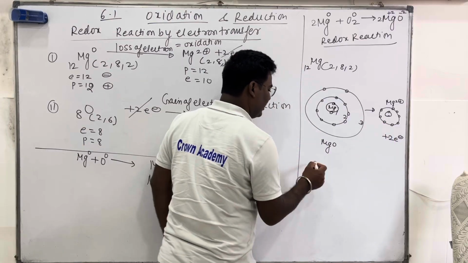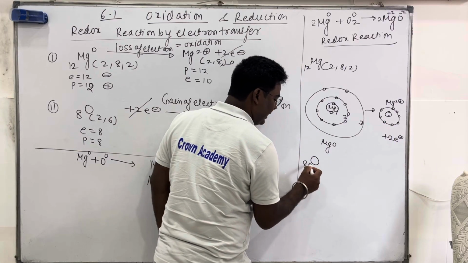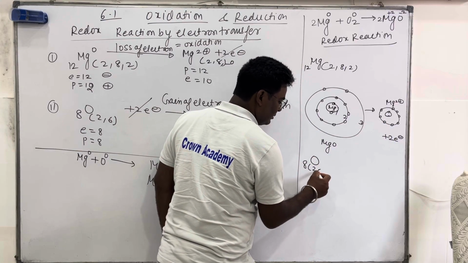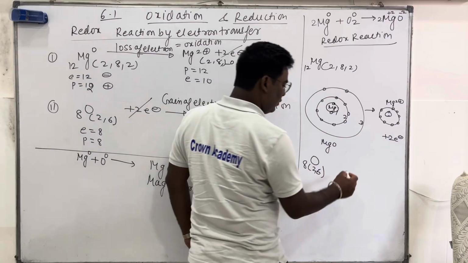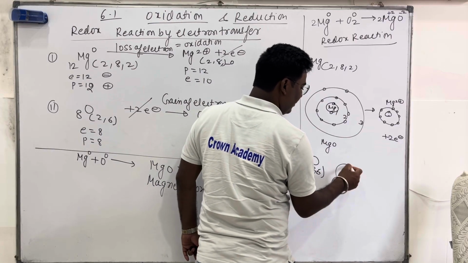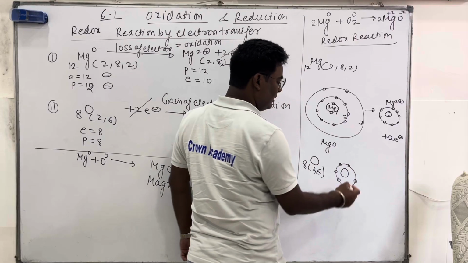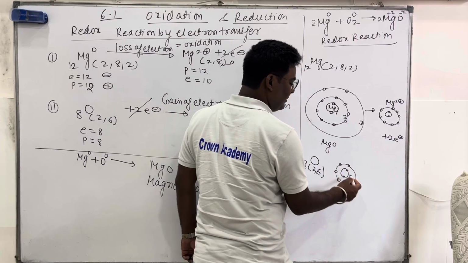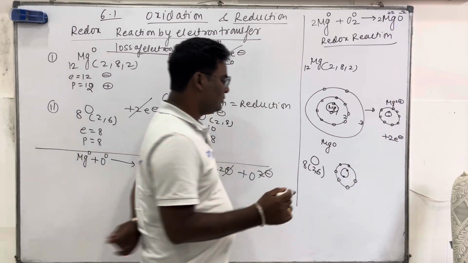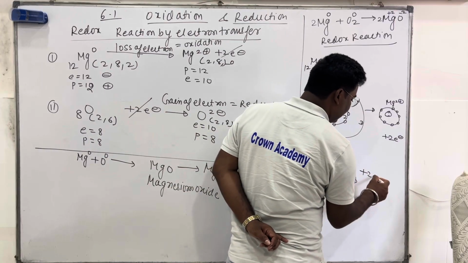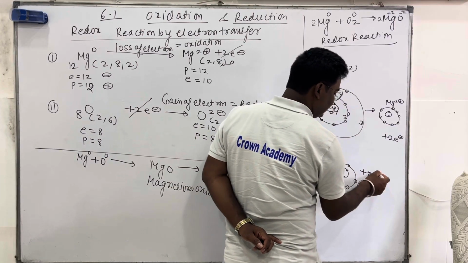In a similar manner, oxygen has atomic number 8, with configuration 2, 6. Two orbits are there. 1, 2, 3, 4, 5, 6 electrons in the last orbit, and in the first orbit 2 electrons are there. So we are adding 2 electrons here in the last orbit, the second orbit.